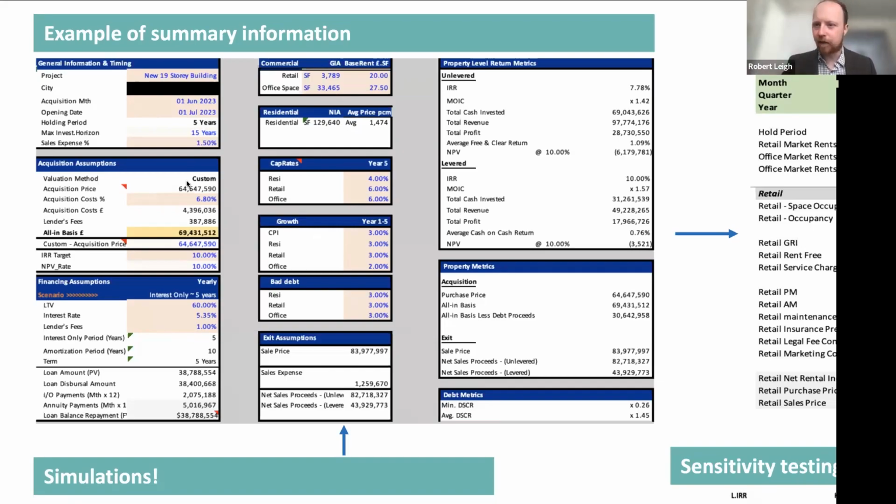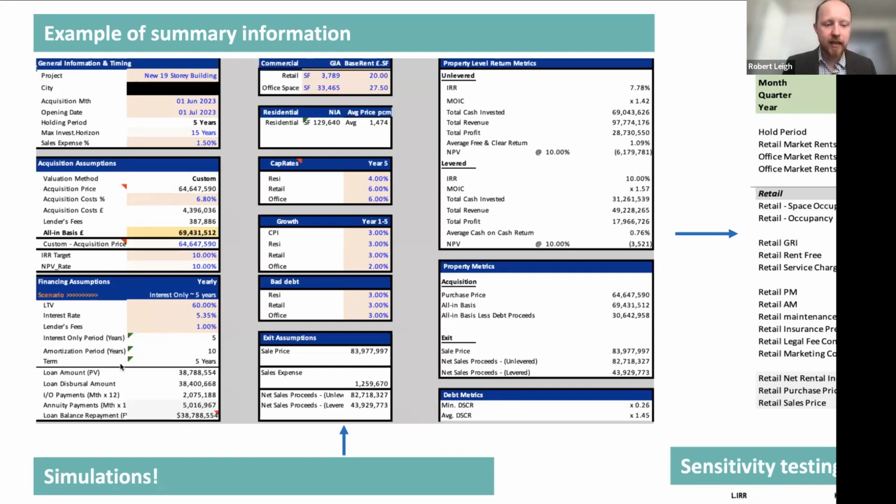Is it a DCF, term and reversion, hardcore and layer? Depending on which one you use, you might want to tell the reviewer that. We've got an acquisition price, costs, what have you, and you can see that the all-in cost they've noted and highlighted. One of the things that people often fail to do is make the formatting very clear here. So you really need to take some time to make sure that it's very obvious what you're presenting to the reviewer.